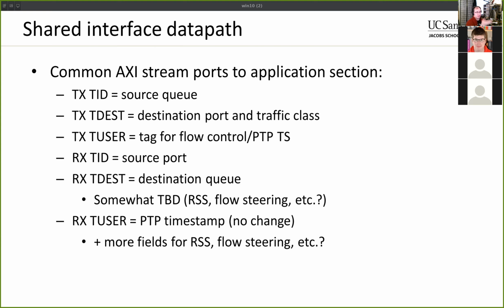I'm certainly open to making some modifications to this if you guys have some potentially better ideas for how to simplify things. Well, I guess, no. We were thinking that it makes sense to really enable a combination of application-based queue steering and RSS as well.